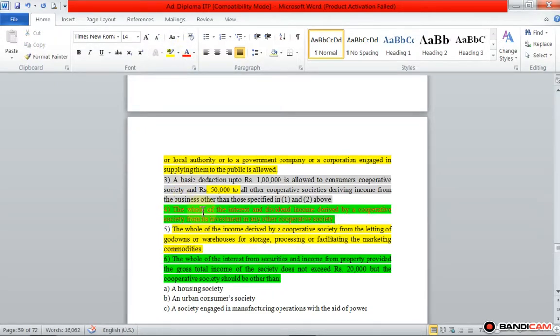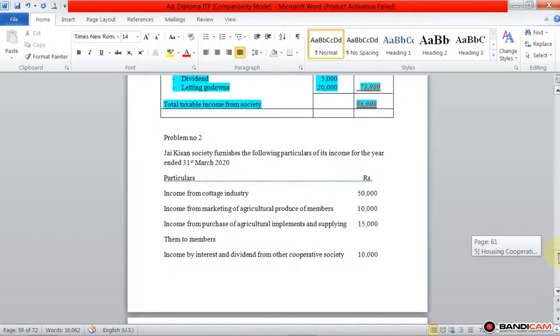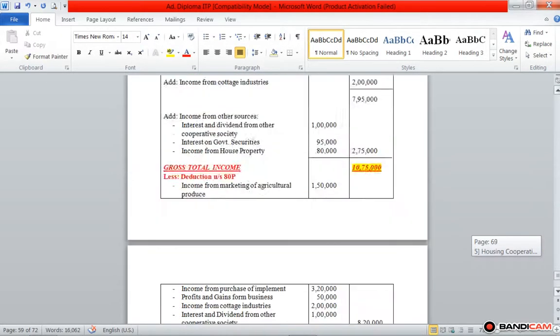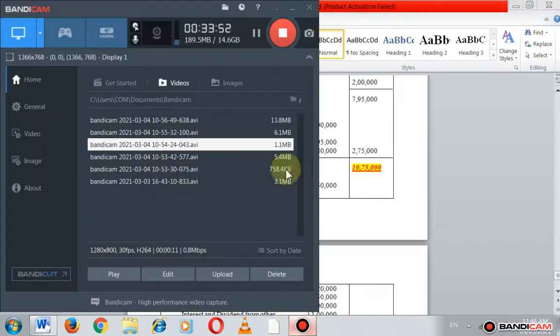The whole of the interest and dividend income derived from its investment in any other cooperative society is allowed for deduction. So we get a deduction under section 80P, and here we have taken into consideration all deductions related to the cooperative society.